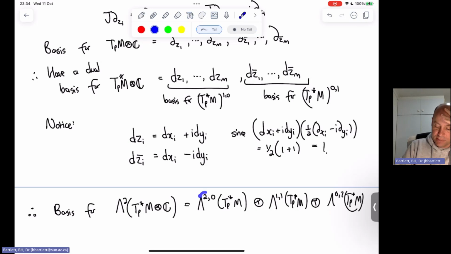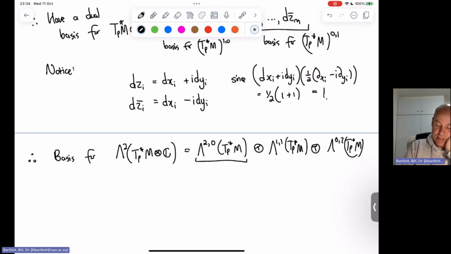The point is that these numbers must add up to 2. I just mean a basis for this space would be things that you get from wedging the dzs together, so wedging things in the T^{1,0} together.